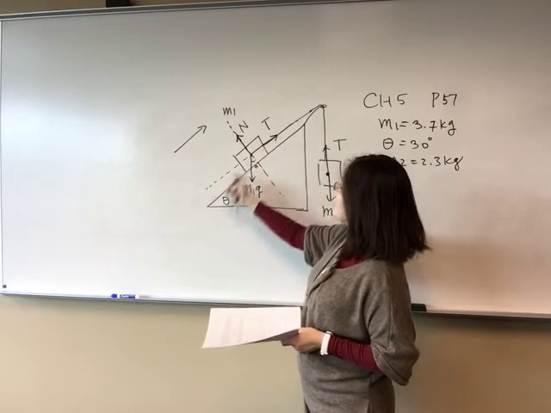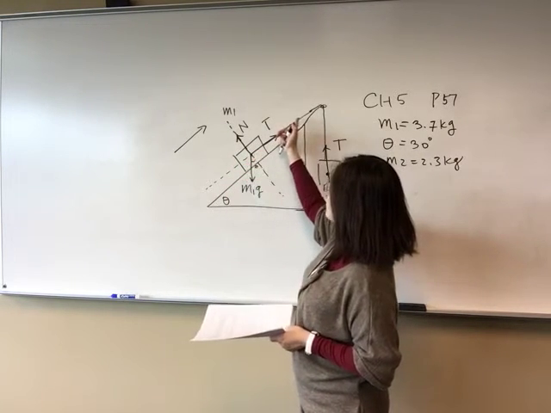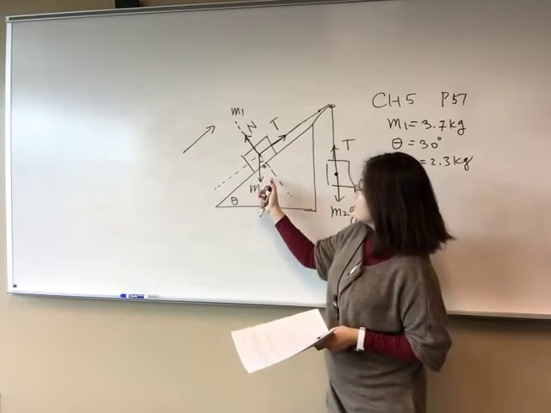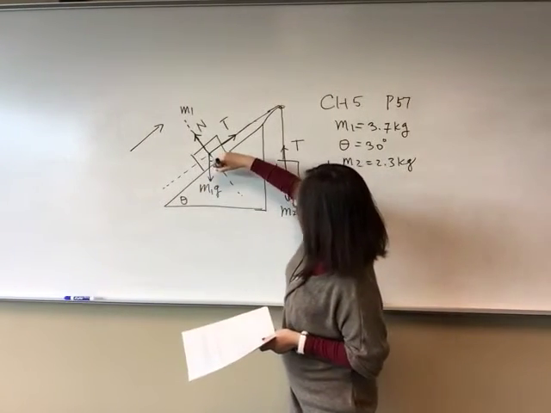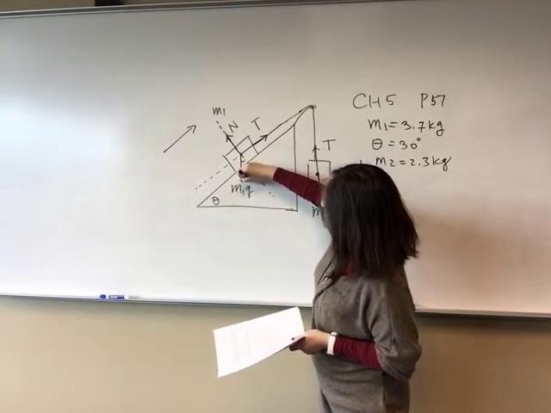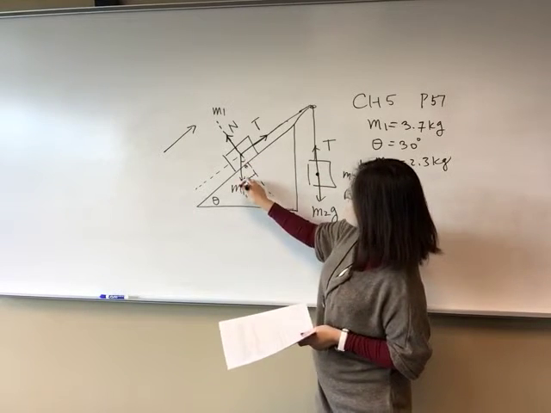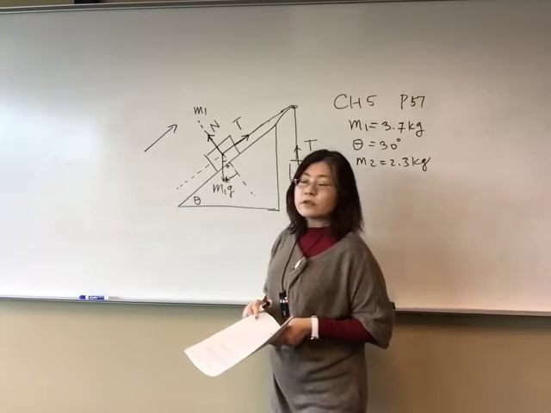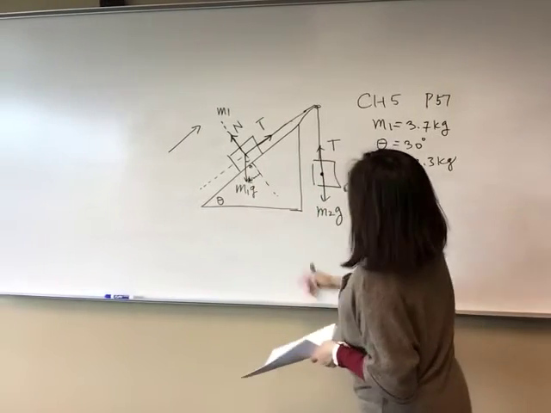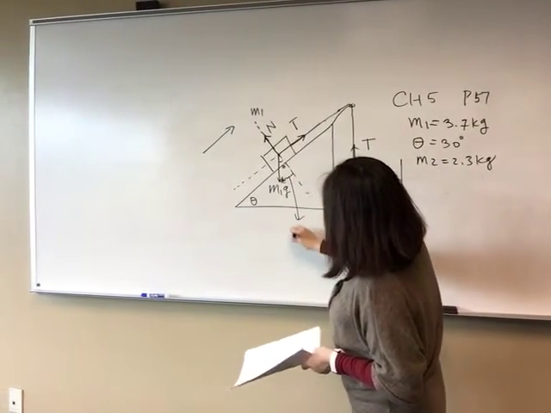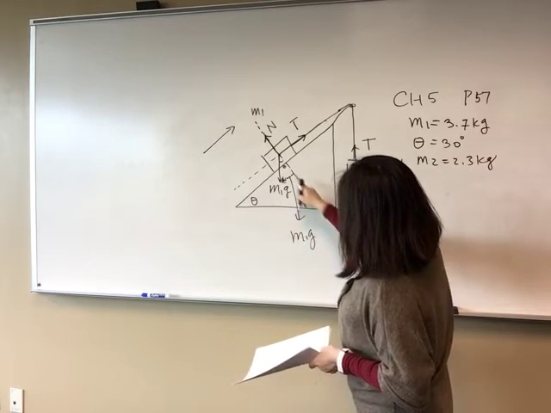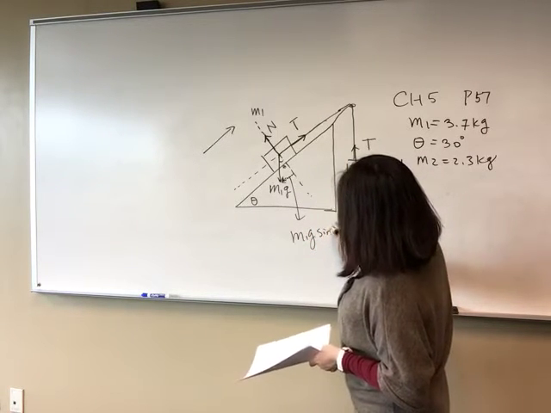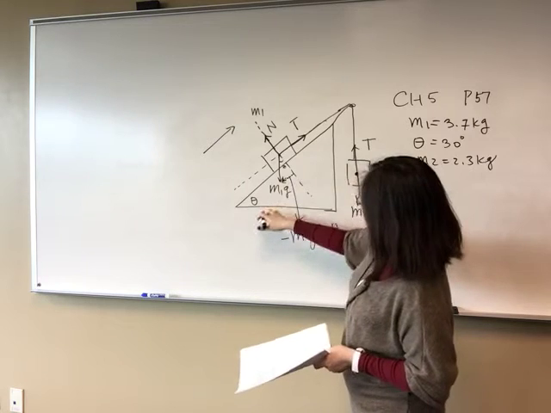Horizontally, let's say you have tension that's rightward, but don't forget that you have gravity that has a component that's negative, which somehow mitigates the magnitude of T. So you need to figure out how much is in that direction. You have M1g sine theta, and that's negative because it's pointing downward.